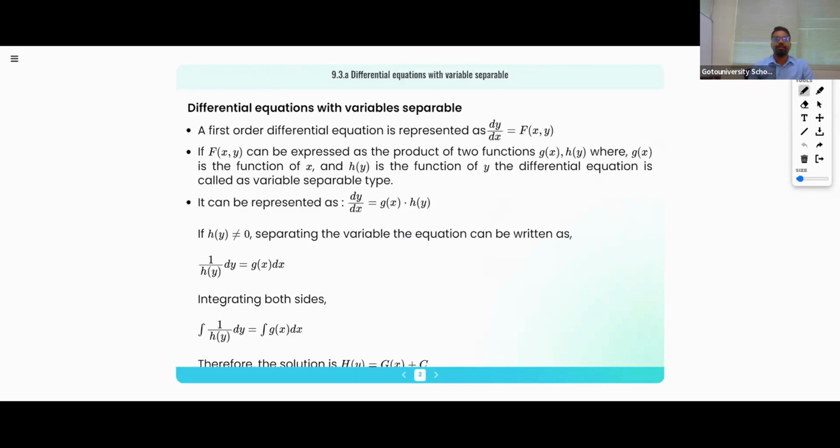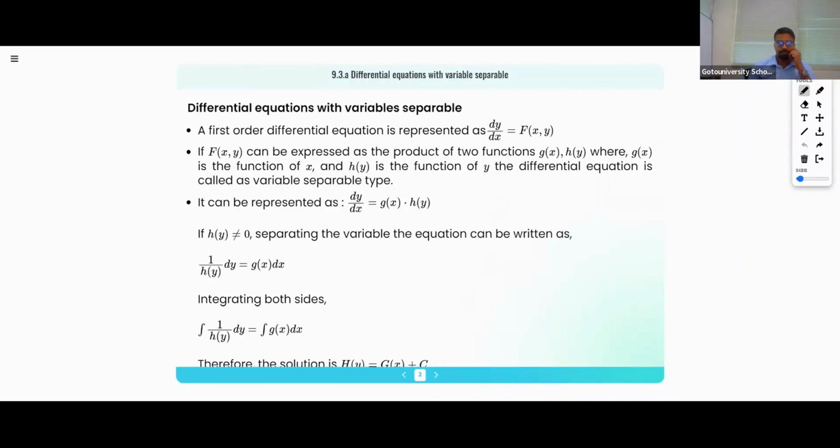In case a first order differential equation is represented by dy by dx equals f of x, y. If f of x, y can be expressed as a product of two functions, g of x and h of y, where g of x is a function of x and h of y is a function of y, that means we can separate the variables, then the differential equation is called variable separable type.